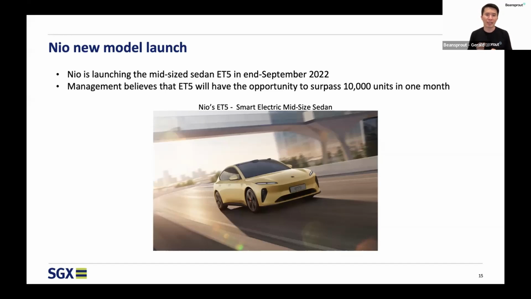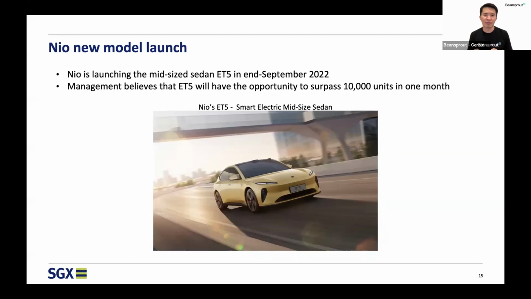If you look at the commentary from the management of NIO, it has been quite optimistic. If you're not familiar with NIO, just a quick introduction, they tend to focus on high-end electric vehicles, which is why the total number of electric vehicles may not be as high as an automaker like BYD that is a lot more mass market.